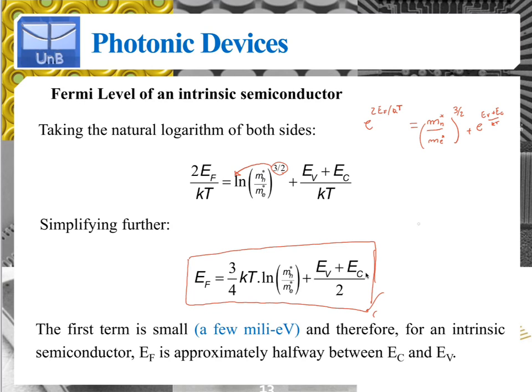So if you have the conduction band edge here and the valence band edge down here, this is going to be exactly halfway between these two, and this is why for an intrinsic semiconductor the Fermi level is halfway between the conduction and the valence band edges, give or take a small term which corresponds to this.